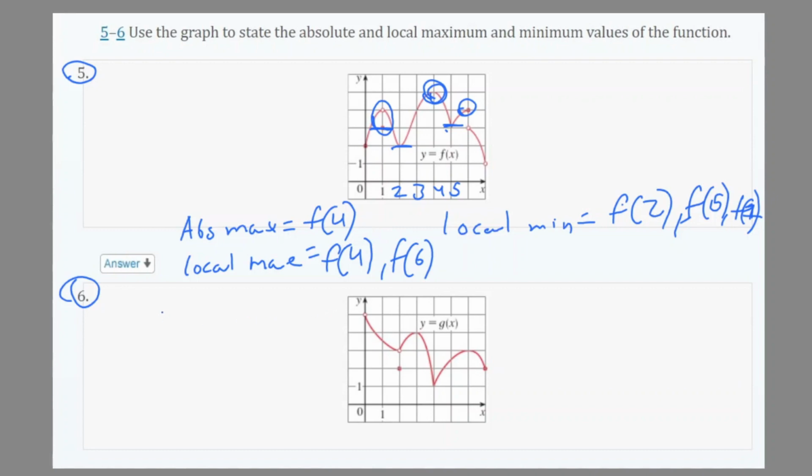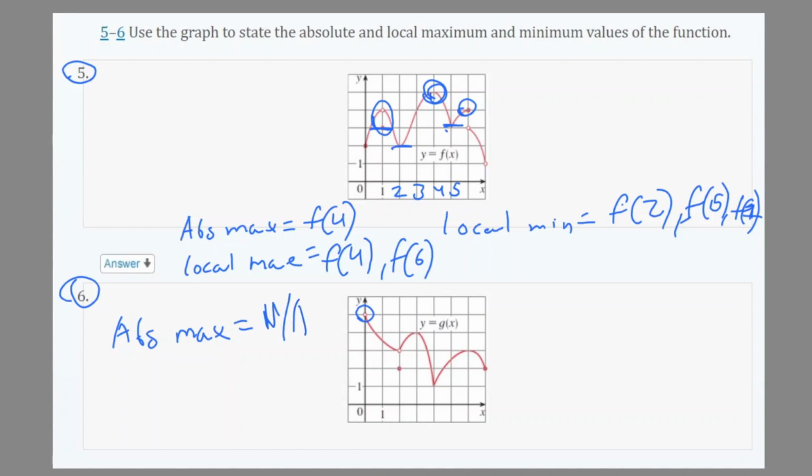So let's take a look at number 6 now. Number 6, let's write down the absolute max. So the absolute maximum value here would be over here, but since that point is not defined, even though it's at the edge of the graph, the absolute max would be just nothing.